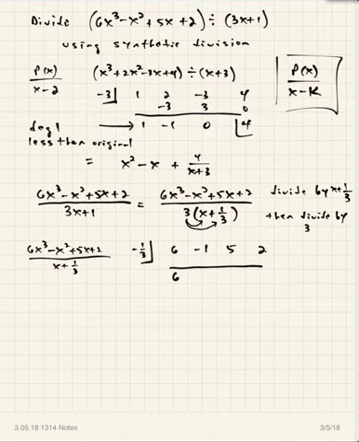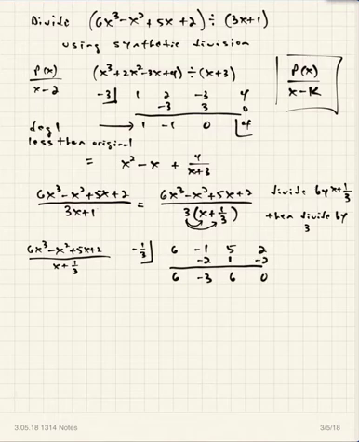You bring down the 6. Negative 1/3 times 6 is negative 6/3. But that's good. That's just negative 2. You add, you get negative 3. And then negative 1/3 times negative 3 is positive 1. You write that in the next column. You add, that's 6. And then finally, negative 1/3 times 6 is negative 2.